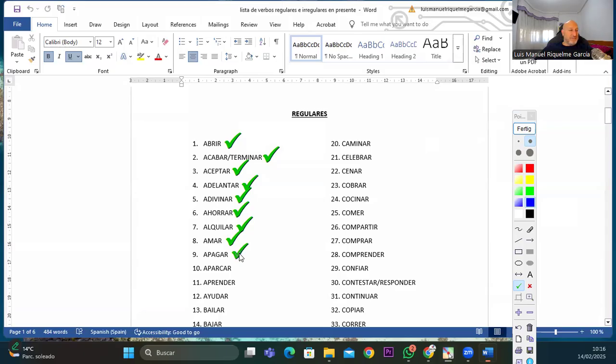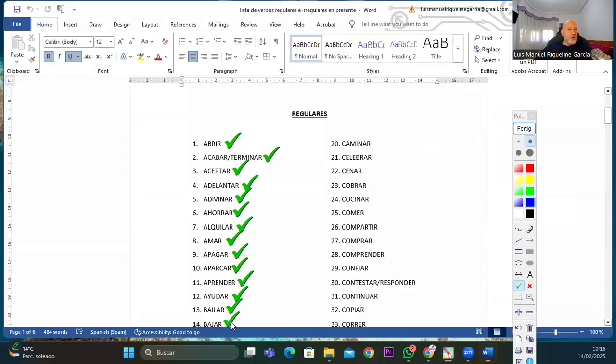Turn off the TV, to switch off the aircon. Aparcar, to park your car. Aprender, to learn a language, to learn something. Ayudar, to help. Bailar, to dance.